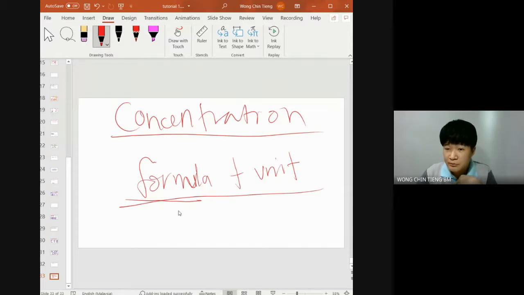Macam saya pesan dalam kuliah tadi, bila kamu kira number of mole, siapa? Bila kamu kira volume, siapa? Unit apa? Wajib. Okay? Because it's going to be long. In 1 question, you will definitely need to find more than 1 number of mole.